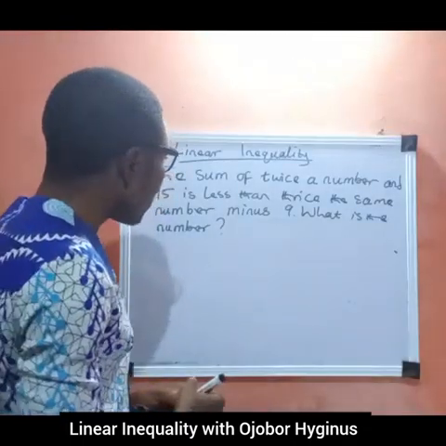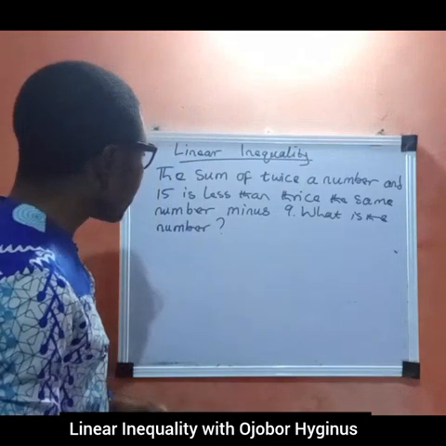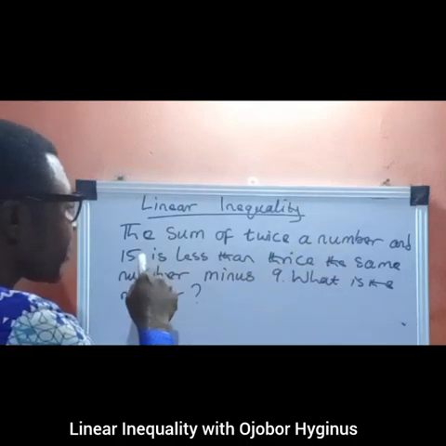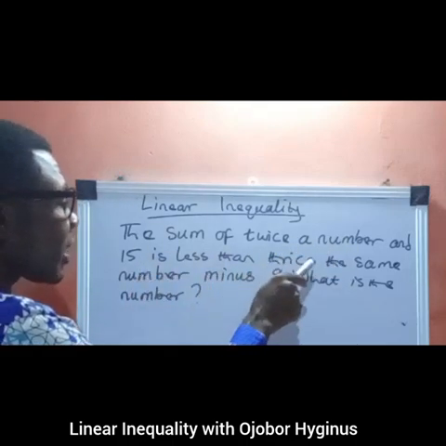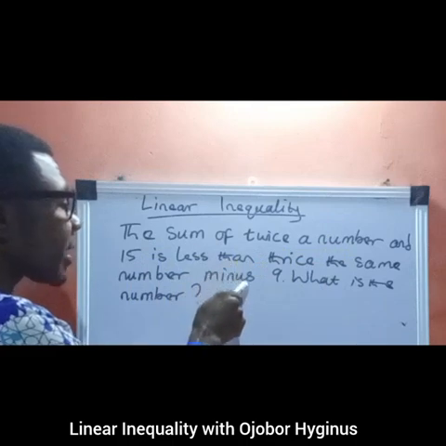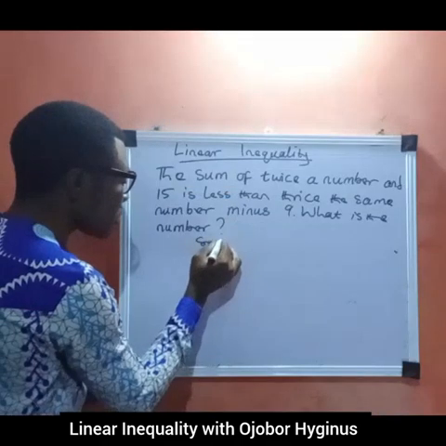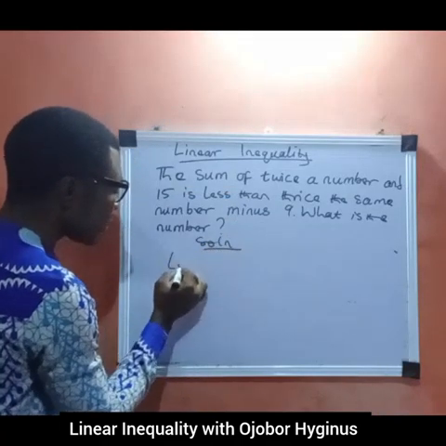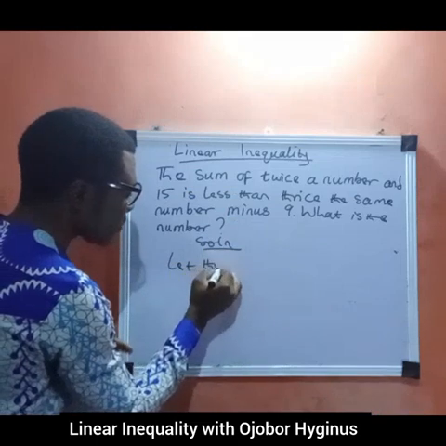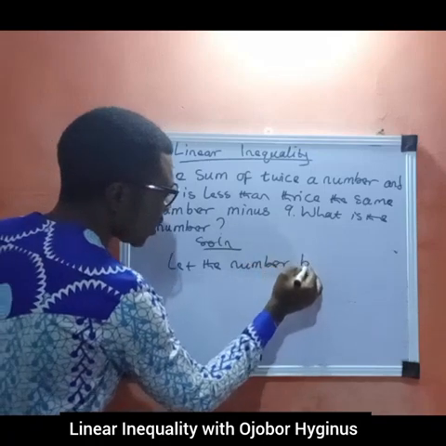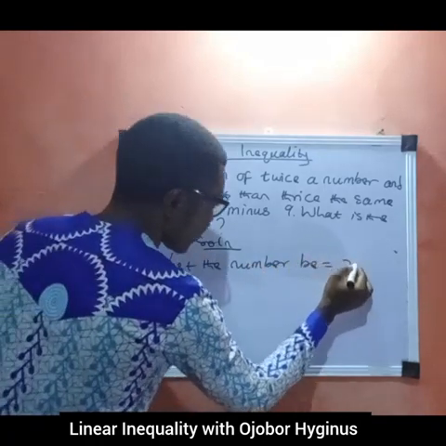Let us look also at this question. The sum of twice a number and 15 is less than thrice the same number minus 9. What is the number? We say solution, let the number be x.